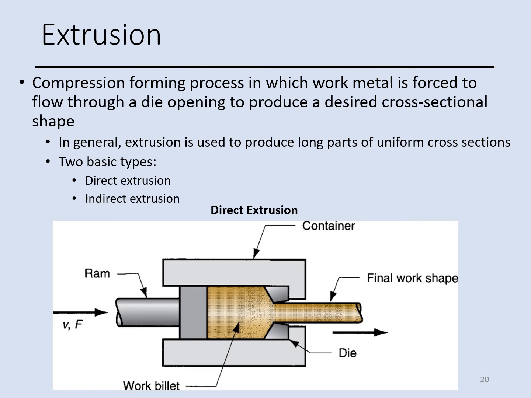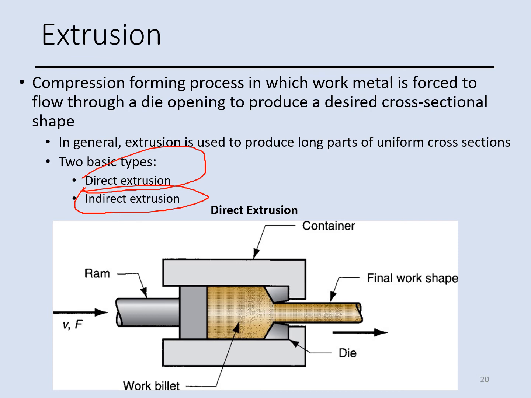It is very similar to squeezing toothpaste out of a toothpaste tube. In general, extrusion is used to produce long parts with uniform cross sections, and it has two types. One is direct extrusion, and one is indirect extrusion.